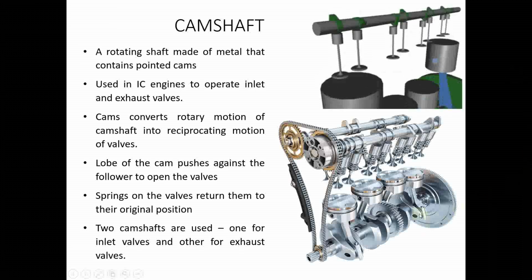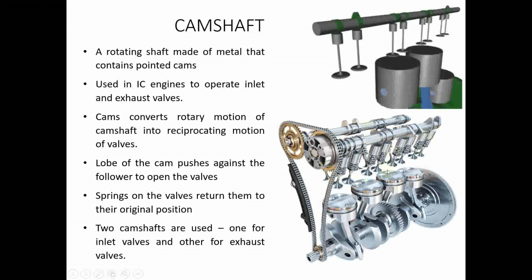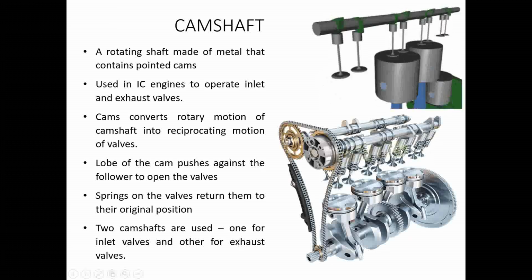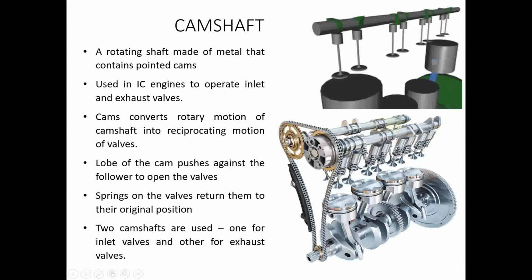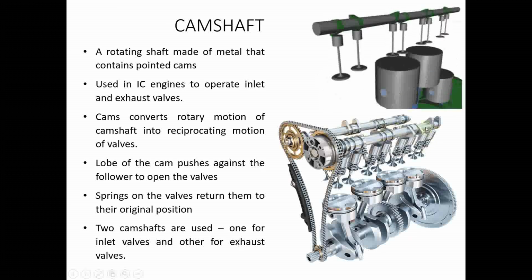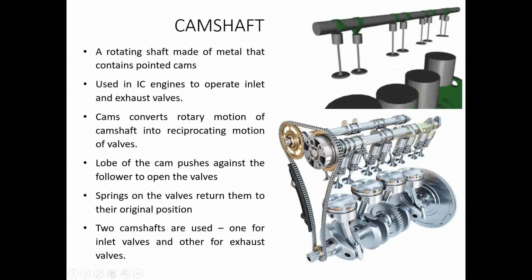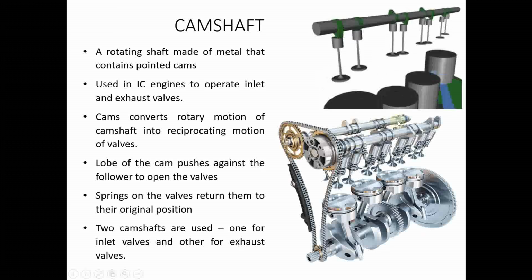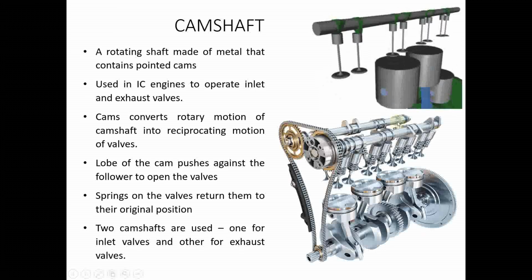And this is the actual setup in the engine. Usually for the inlet valves and the exhaust valves, there will be separate camshafts. One camshaft is entirely for operating the inlet valves, and another camshaft is entirely for operating the exhaust valves.